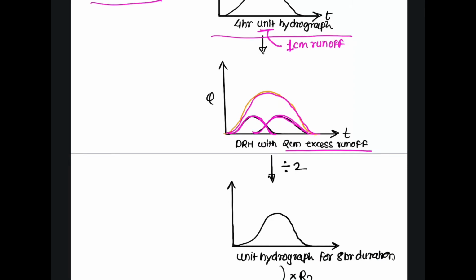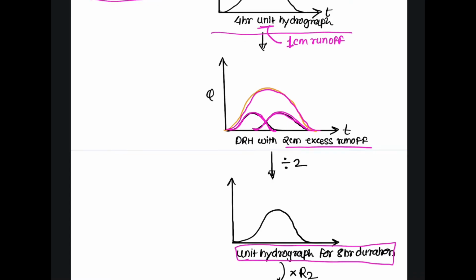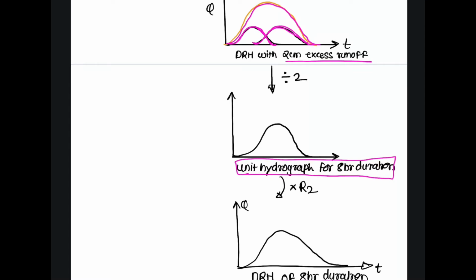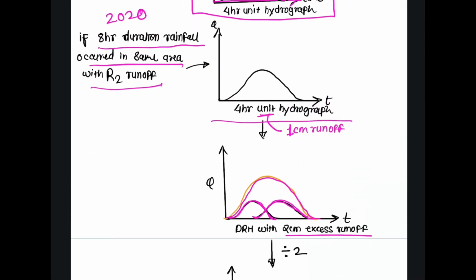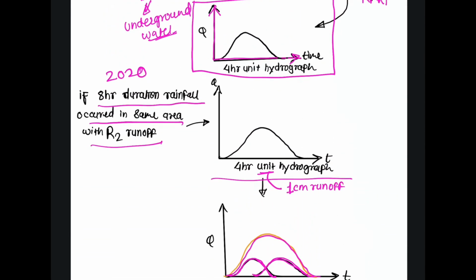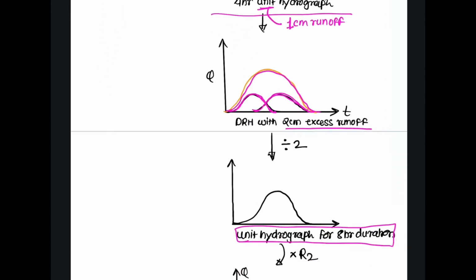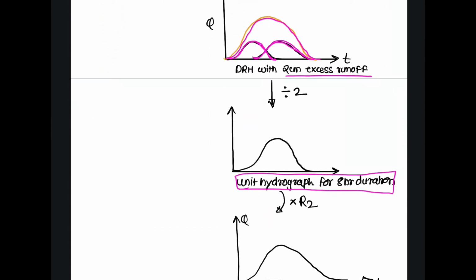So in order to convert it into an 8-hour unit hydrograph, we will have to divide this by 2. So now we have got the unit hydrograph for 8-hour duration, simply by taking this 4-hour unit hydrograph and converting it.